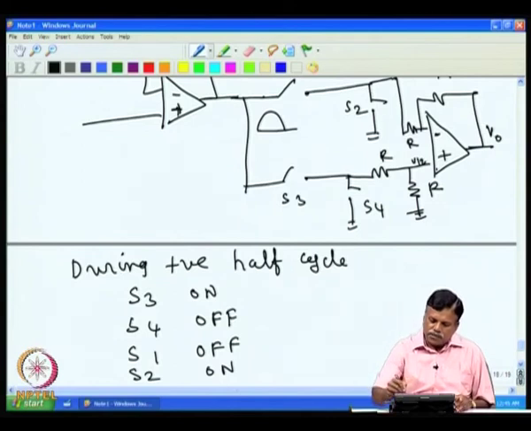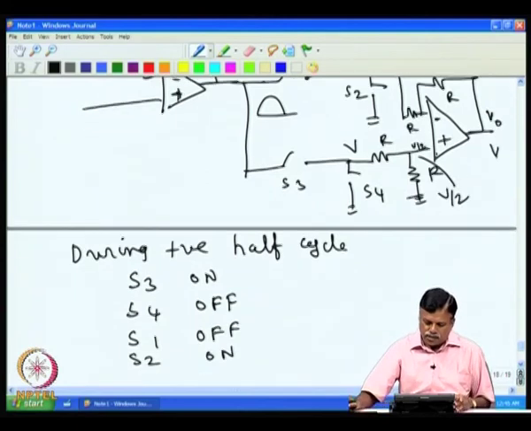That means, now it is acting as a non-inverting amplifier. If you have V at this point, V by 2 you will get, and then that is multiplied by 2, because if I make this resistance also equal to R, then whatever voltage V is here becomes V by 2, and multiplied by 2 gives you V here.